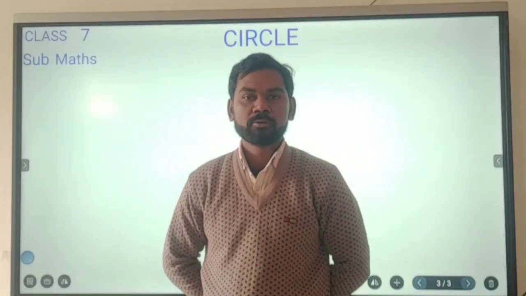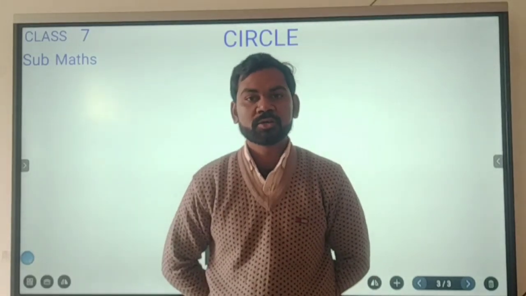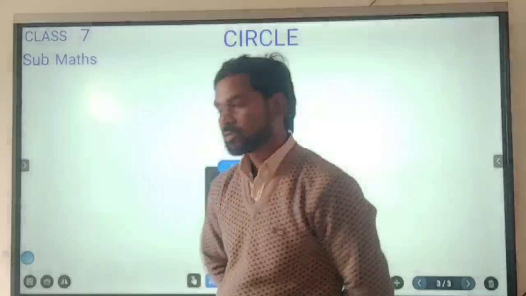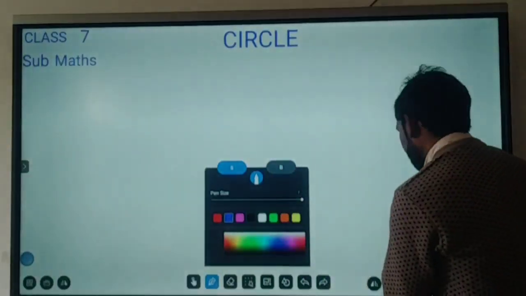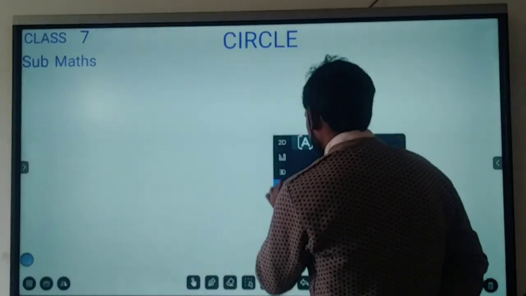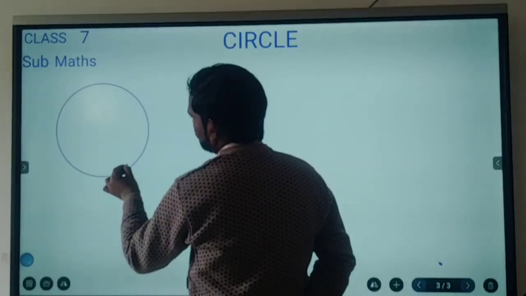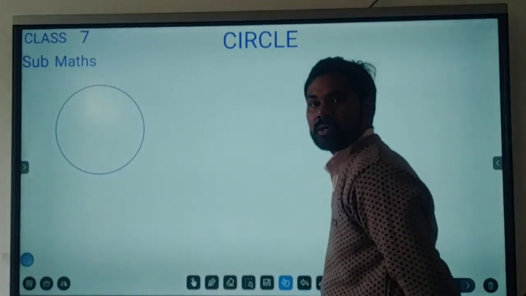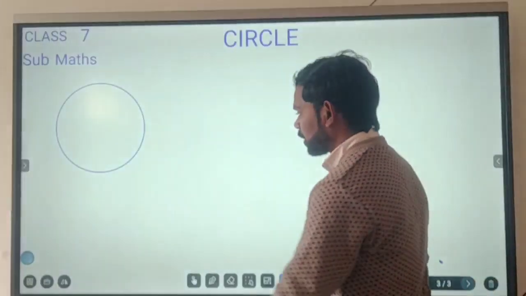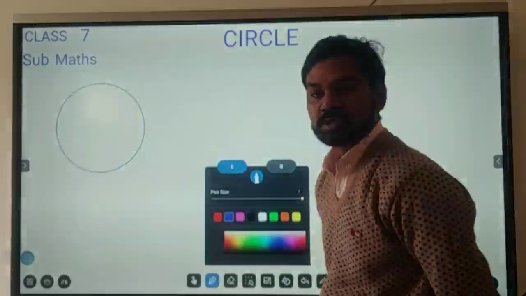First of all, we have to know the definition of circle. So let's see what the definition of circle says. Here you can see a closed curve.